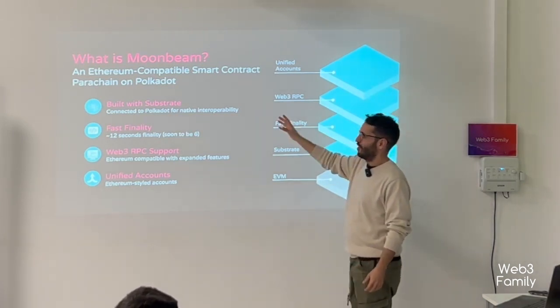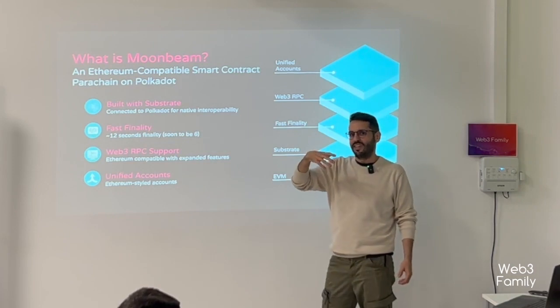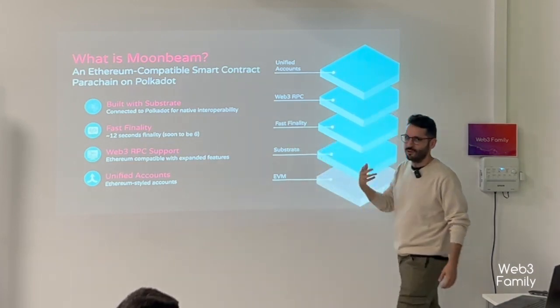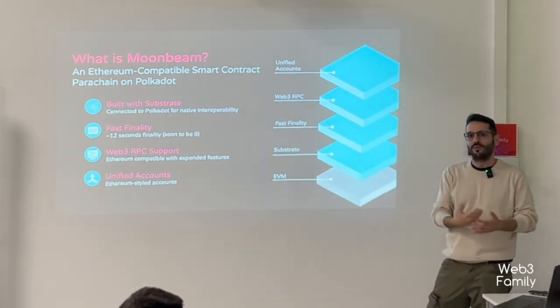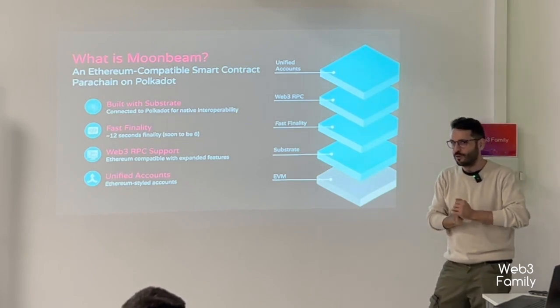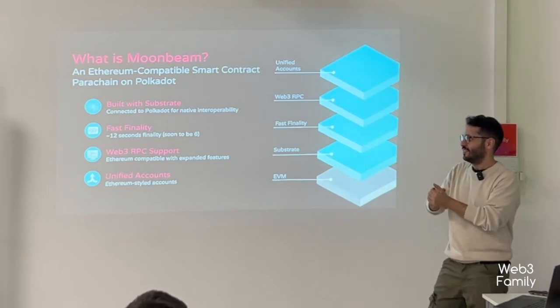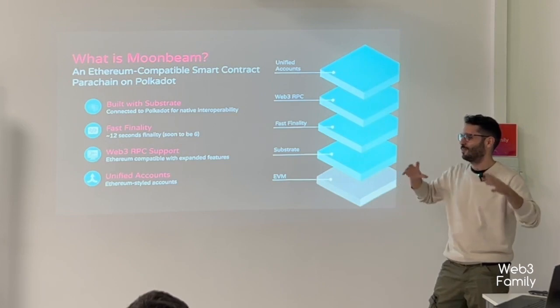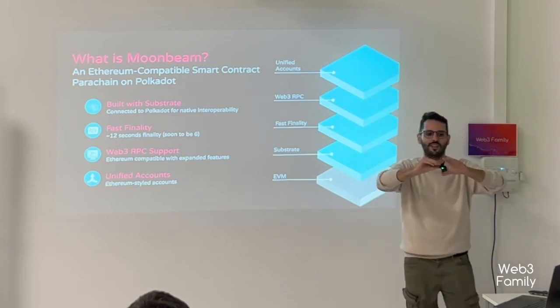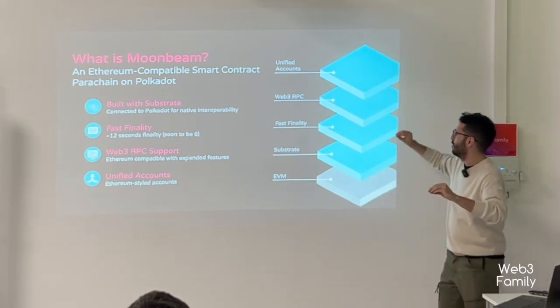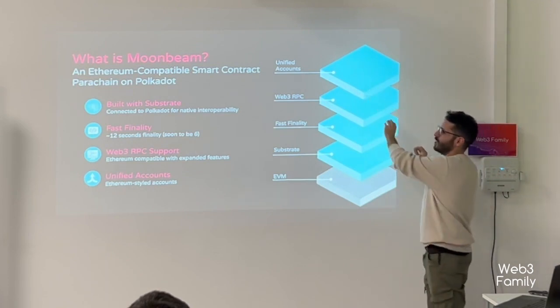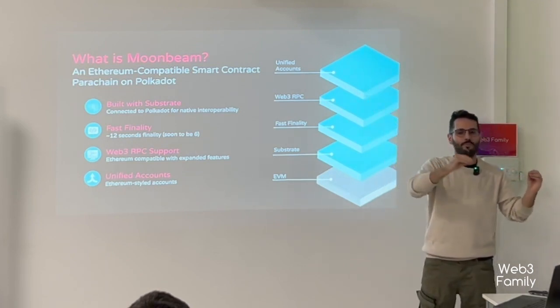The first thing about Moonbeam is that it's built with Substrate. What is Substrate? It's the tool from Polkadot to create blockchains. It's a modular framework, which is also a very cool word, but what it does is you have a blockchain that's like the basic layer, and you have different modules that you can plug into your blockchain.